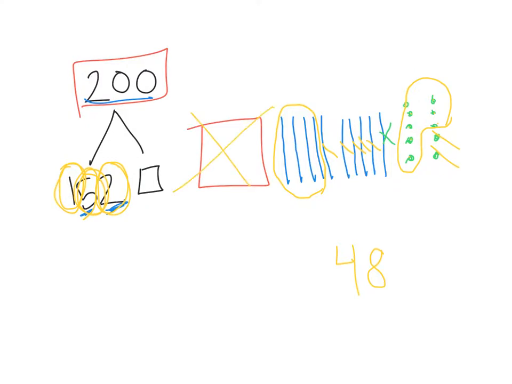All right, I am going to do another problem with you because I want to make sure that we are all understanding this. The next problem we're going to do is 500 take away 239. We always draw the biggest number.